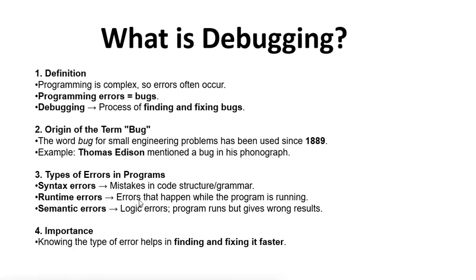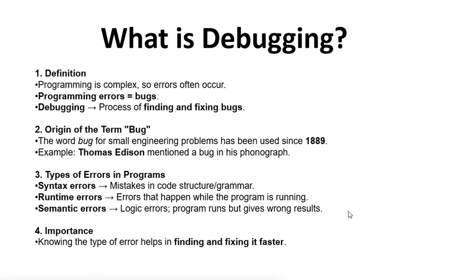A runtime error is an error that happens while the program is running. A semantic error means a logic error: the program runs but gives a wrong result, not the proper output.